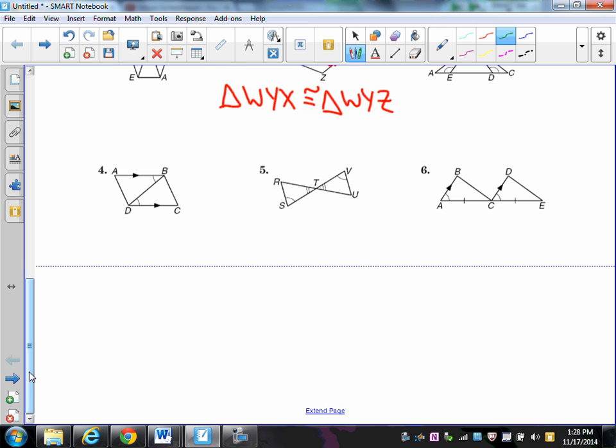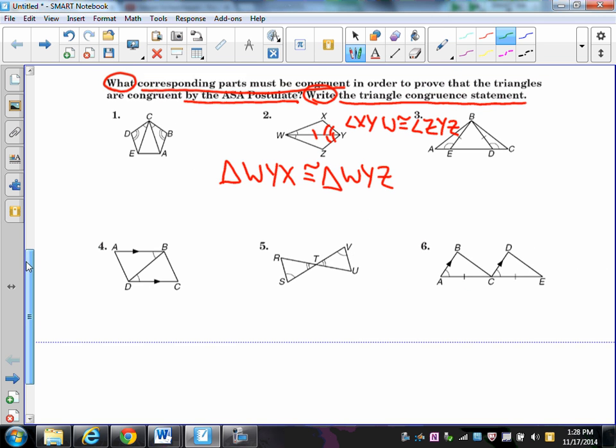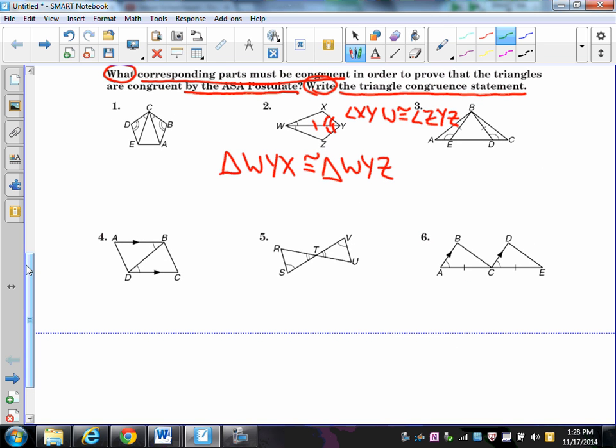For number 4, we're given an angle. Again, we know the reflexive property, that side has to be congruent. So we need another angle. That would be the angle there, angle CBD is congruent to angle ADB.